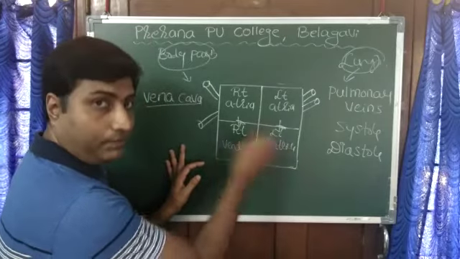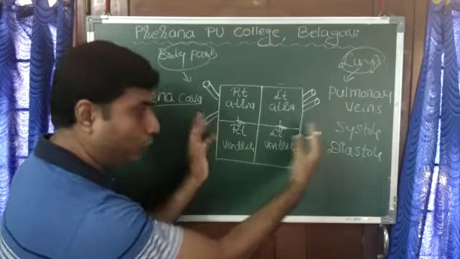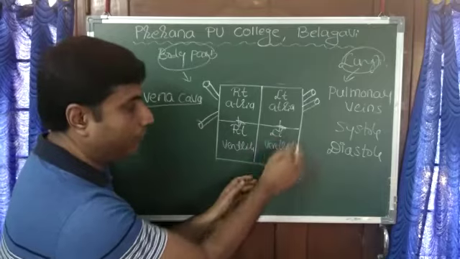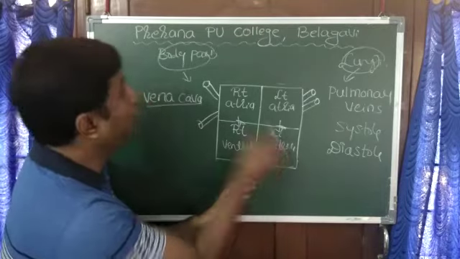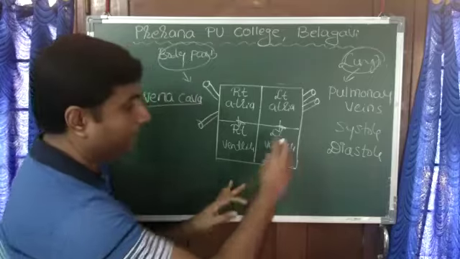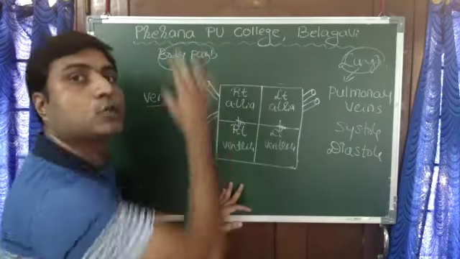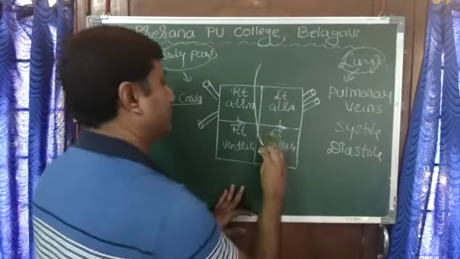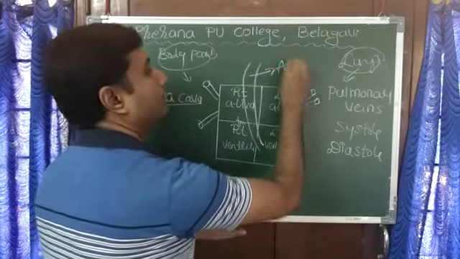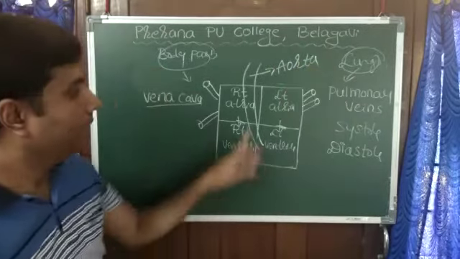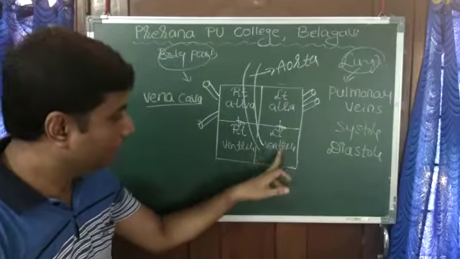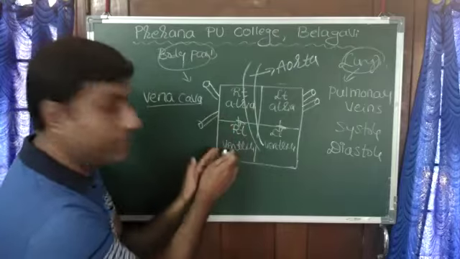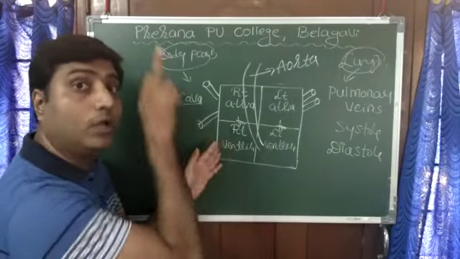I'll take one by one now. When the left ventricle contracts, the pure, oxygenated blood should go to the body parts, because body parts need oxygenated blood. So from here the oxygenated blood goes to the body through a large blood vessel called the aorta. Now the impure, deoxygenated blood in the right ventricle should go to the lungs for purification.